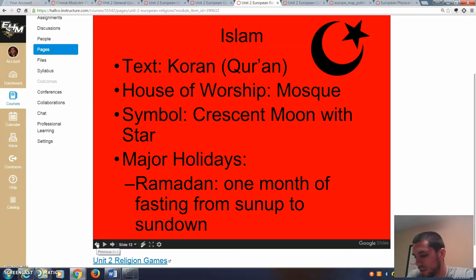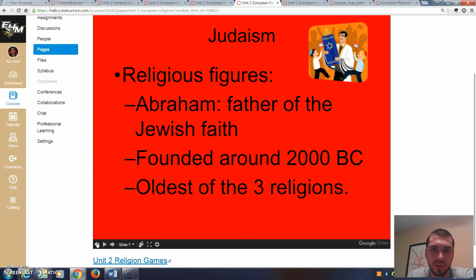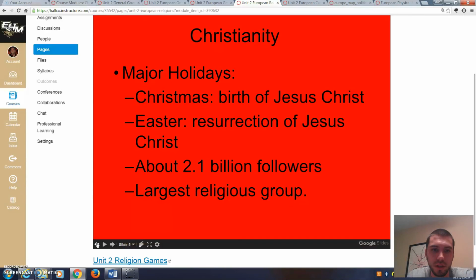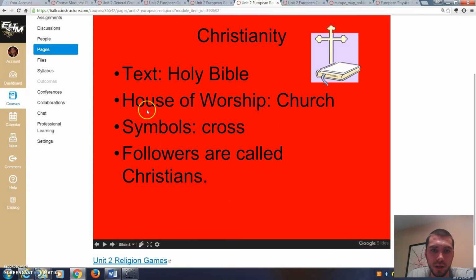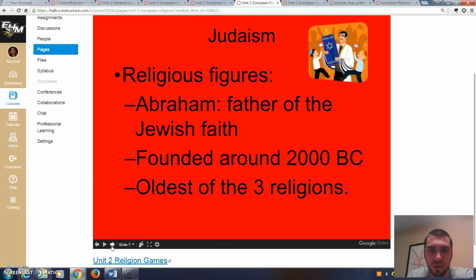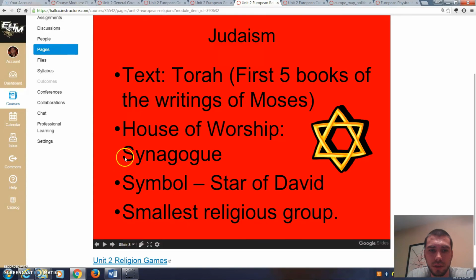Number 18, name the houses of worship for each religion. So let's go back to Christianity. We see the word house of worship. The next word will tell you the answer. Now to Judaism. House of worship.